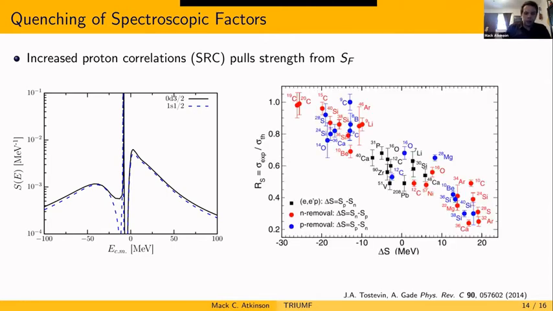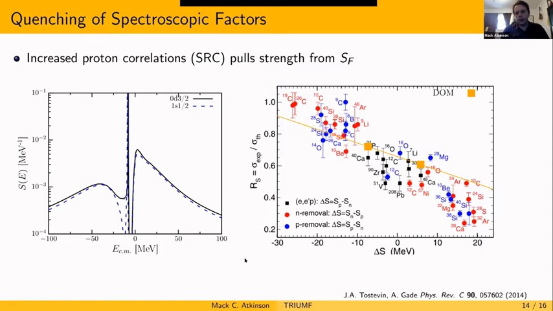This is consistent with the idea that the spectroscopic factor is going to be quenched as you have more neutron excess, because your protons will be more correlated. And if you put the numbers that I've calculated with the DOM on this plot, you can see they're pretty consistent with the trend noticed in all these different removal reactions.